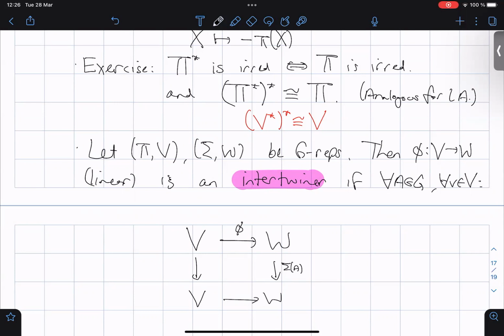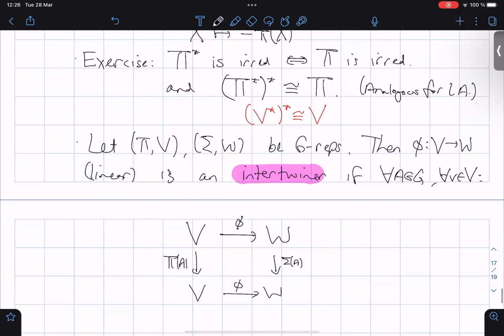Or I start out in V, and then I hit it with the group element, and then I follow it up with phi. So this diagram commutes.